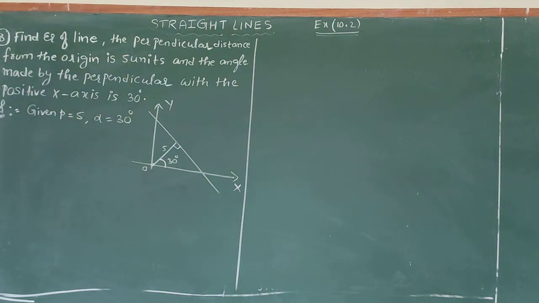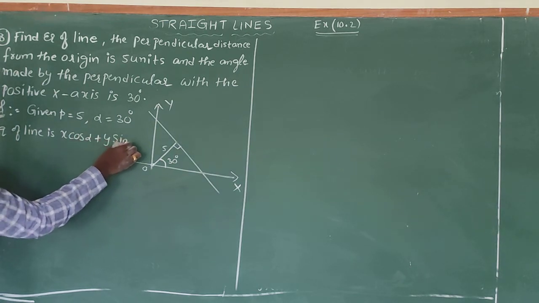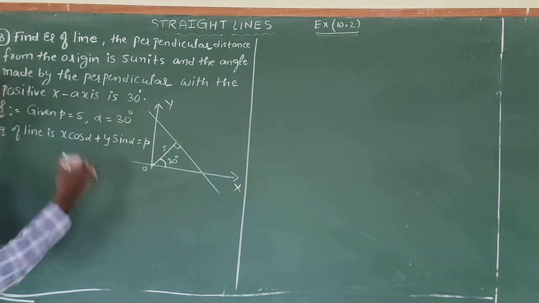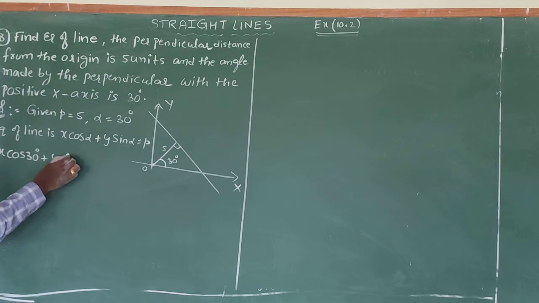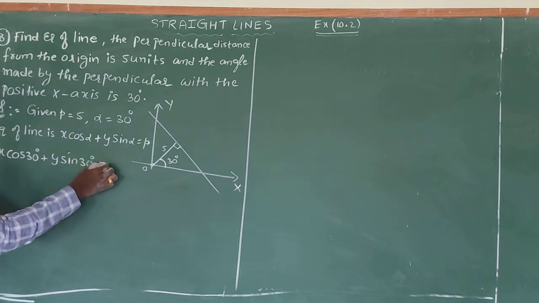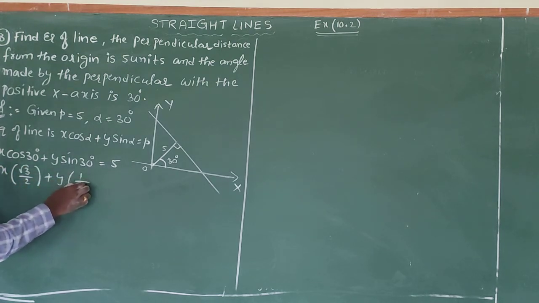I am applying the normal form. Equation of line is x cos alpha plus y sin alpha is equal to P. That is x cos 30 plus y sin 30 is equal to 5. We know cos 30 value is root 3 by 2, sin 30 value is 1 by 2.